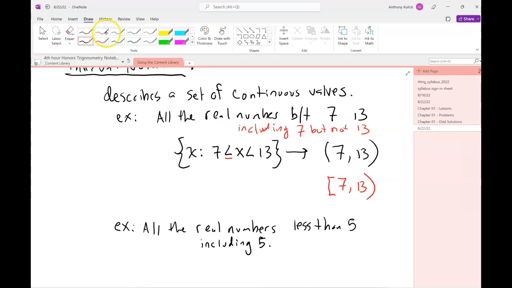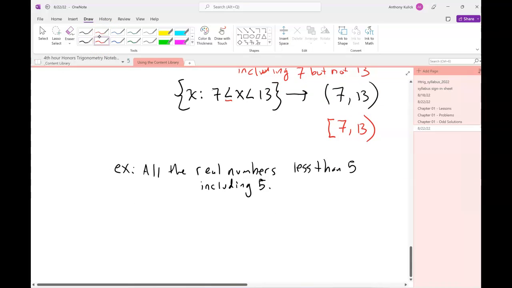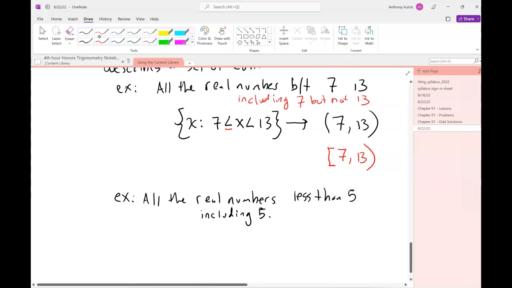How did I write this interval? Sure, no problem. We're drifting. Nolan?